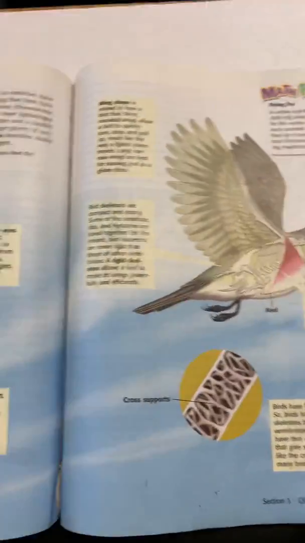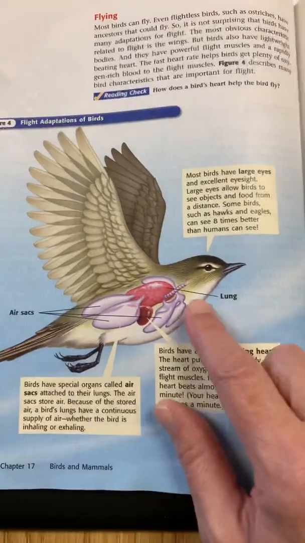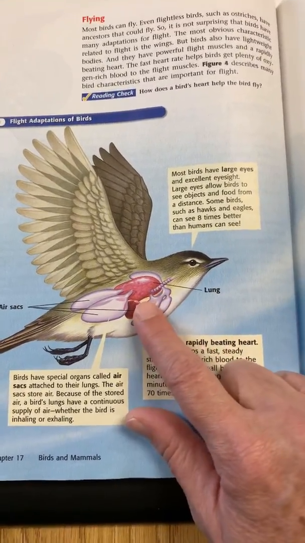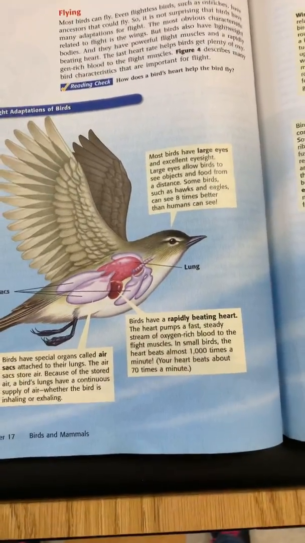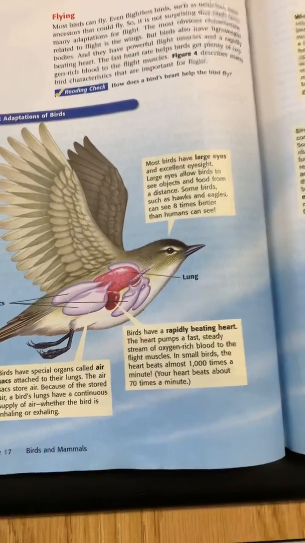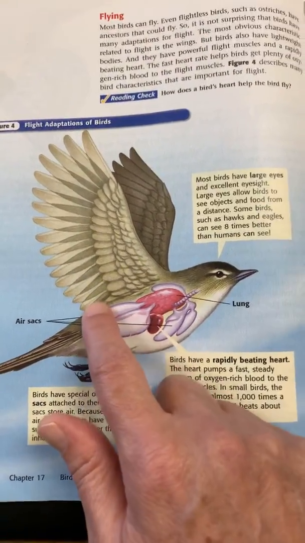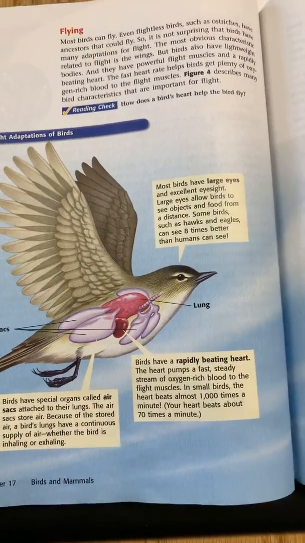The next page, actually the next 2 pages in your book, focuses on flight and how they are adapted to flying with their ability to have a really fast heartbeat, to circulate oxygen very fast throughout their bodies, throughout their lungs for flight. They have these air sacs to enable them to take in more oxygen and to get it flowing faster.